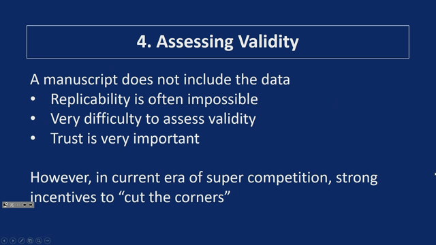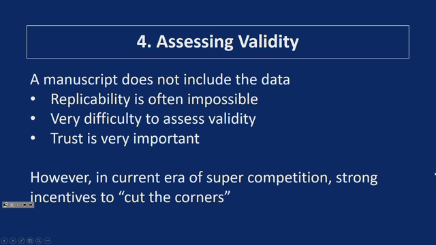Peer review also has strong limitations in terms of assessing validity. This is partly due to how the practice of peer review is established, which does not require sharing, for example, the data that led to certain results. So as an outcome, replicability of the results is often impossible.